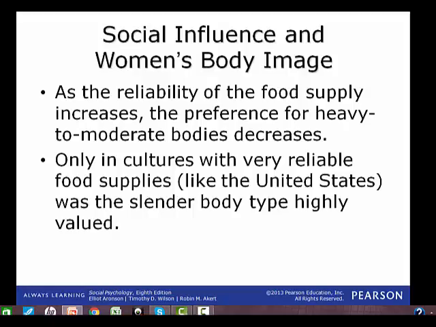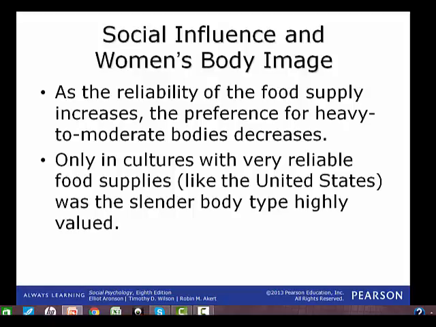Basically, what this is saying is that in cultures like ours, where for the majority of people food is readily available, we see the idea of success or attractiveness as a thinner figure. But in other cultures, when they don't have as much food, then having a fuller figure is seen as a sign of success, right? That these individuals are rich, they have money, they have resources, they have access to food, and that's seen as a sign of success.